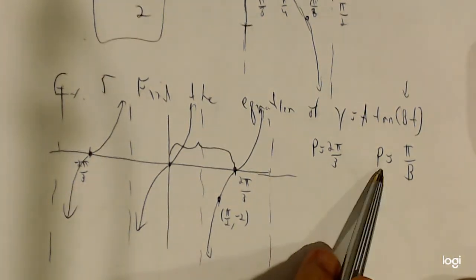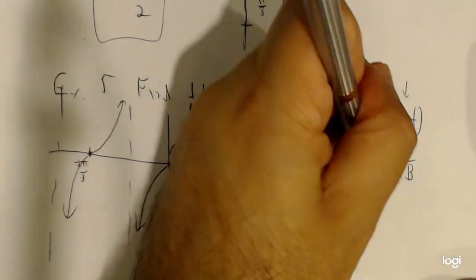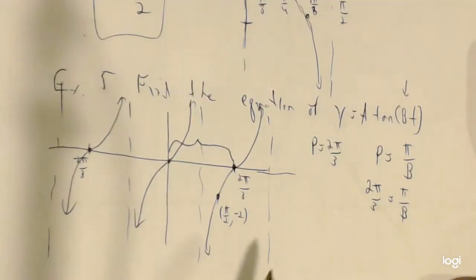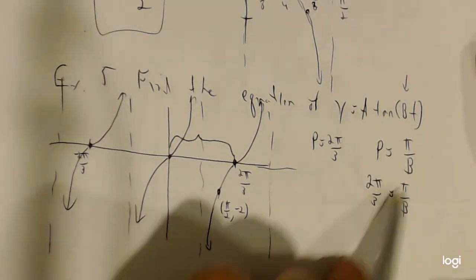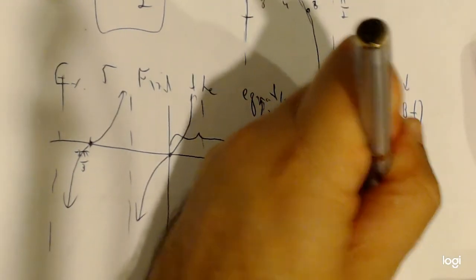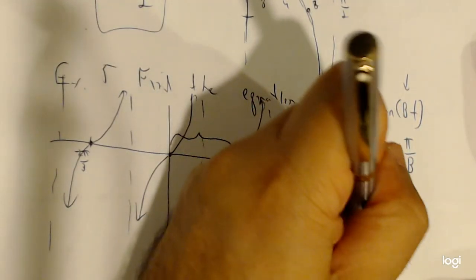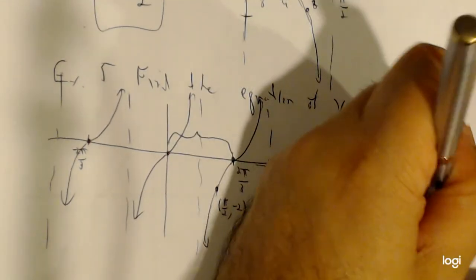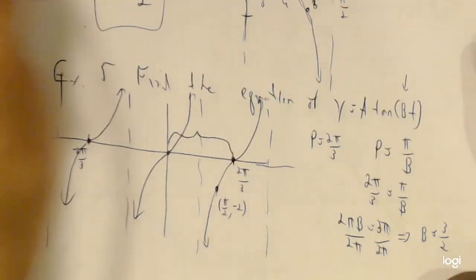And we know p, which is 2 pi over 3, so it'll be 2 pi over 3 equals pi over b, and now I'm going to solve for b. So if I cross multiply, I get 2 pi b equals 3 pi, and if I divide by 2 pi, I get b equals 3 over 2.